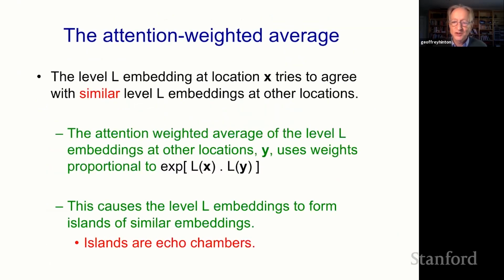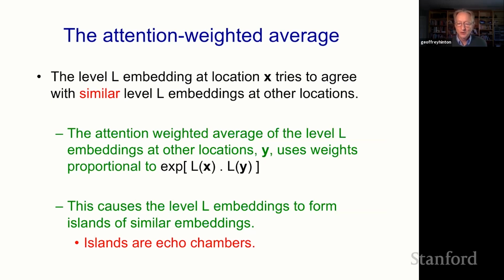So here's how the attention works. You take the level L embedding in location X, that's Lx, and you take the level L embedding in the nearby location Y, that's Ly. You take the scalar product, you exponentiate, and you normalize. In other words, you do a softmax, and that gives you the weight to use in your desire to make Lx be the same as Ly.